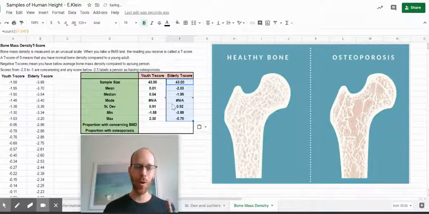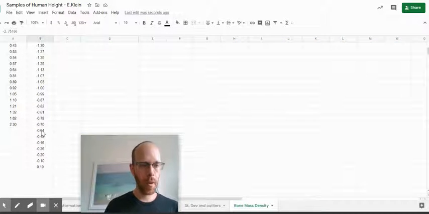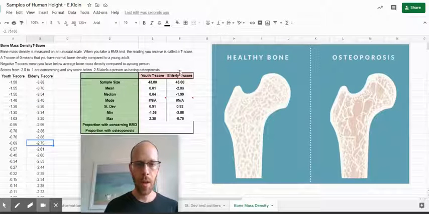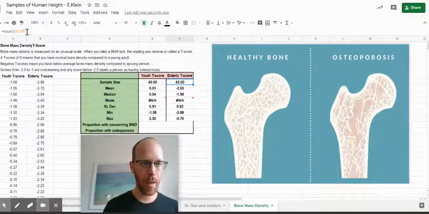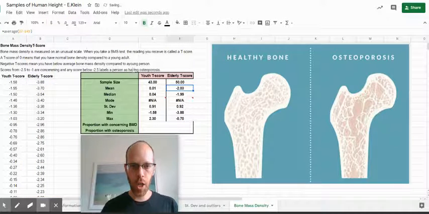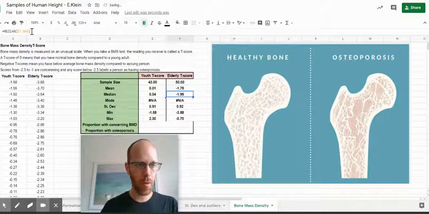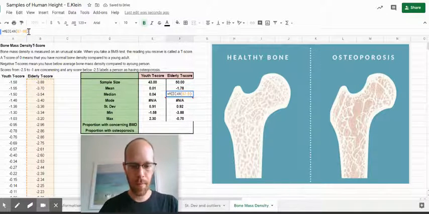The problem is that's not going to work. You probably know why. It's because the elderly group, there are a few more scores. This goes all the way down to B56. So one thing we can do is just systematically go through each one of these and change the second value to 56.